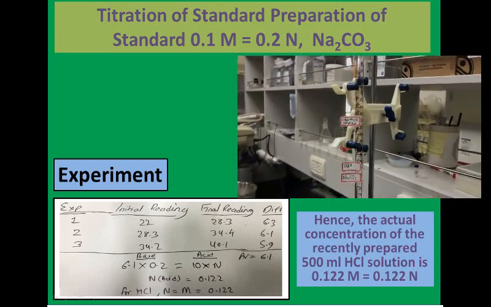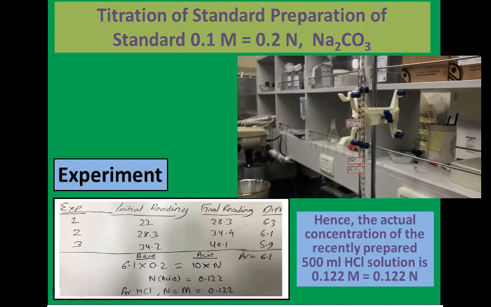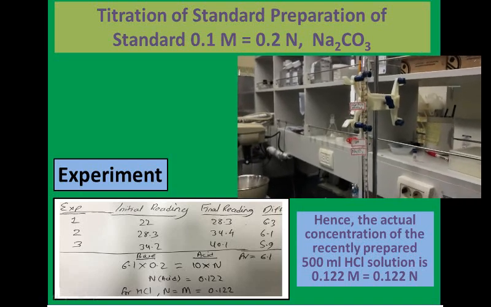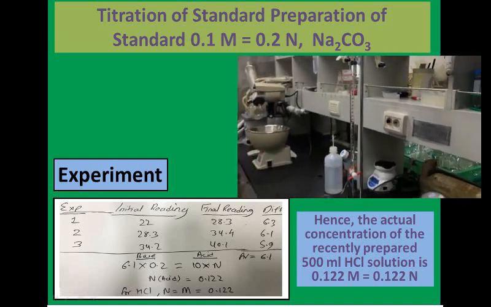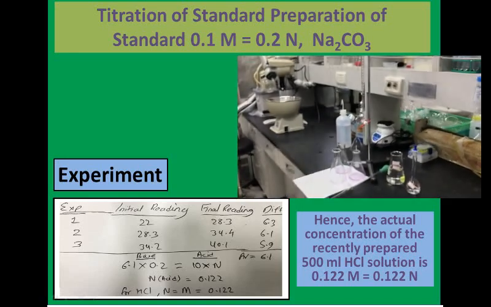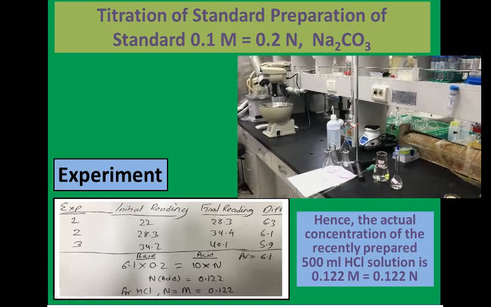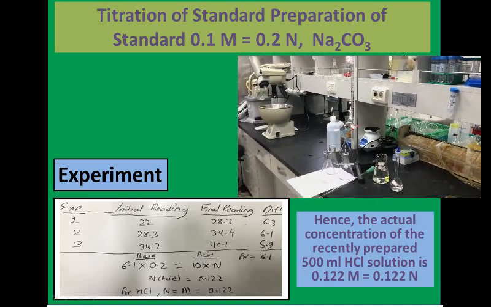We will use a pipette to draw the 10 ml acid solution and put it in the conical flask. We will put a few drops of phenolphthalein in the conical flask, which contains dilute hydrochloric acid.